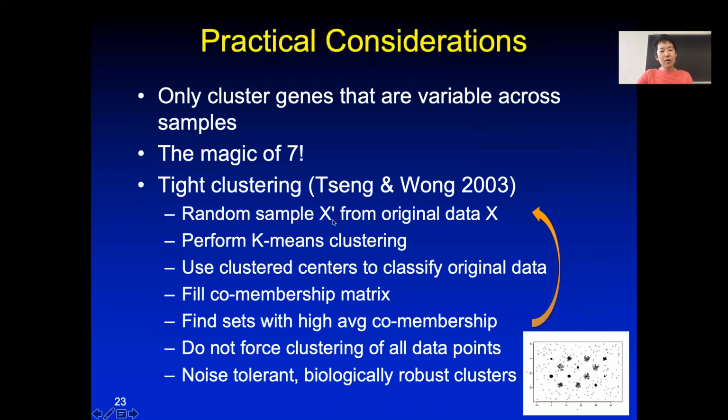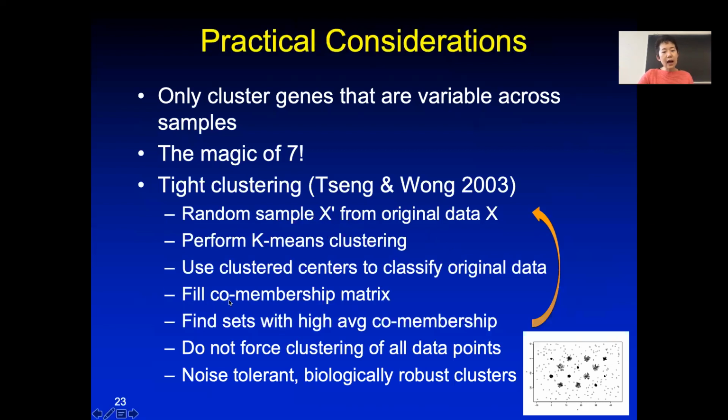And then you repeat this. You randomly sample the original data again with, say, 70% of the data. You do k-means clustering and get new cluster centers. Based on the cluster centers, you assign all the original genes to their nearest cluster center, and based on that, you ask which genes are in the same cluster.